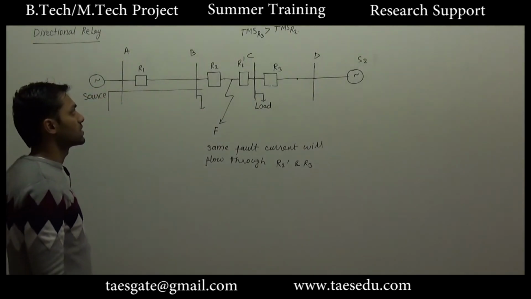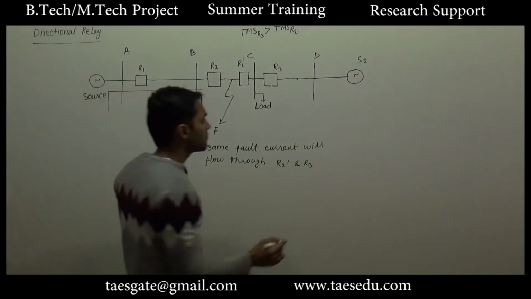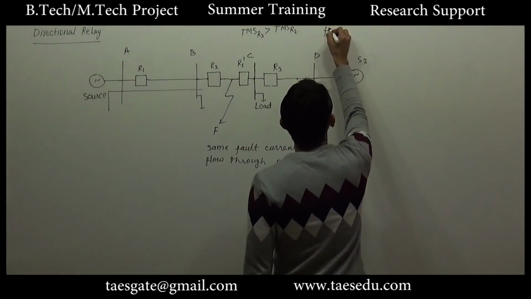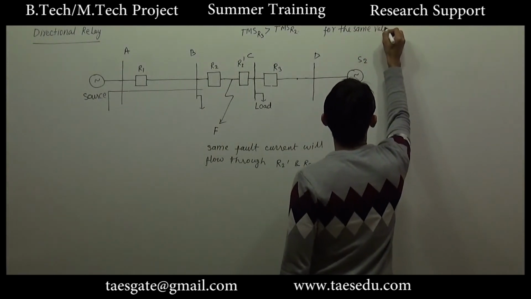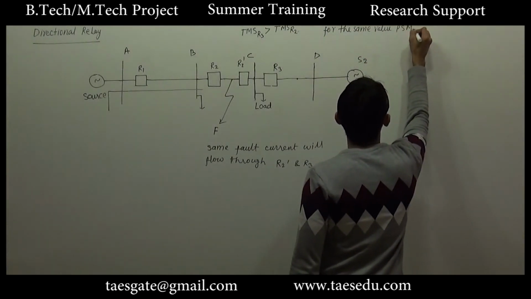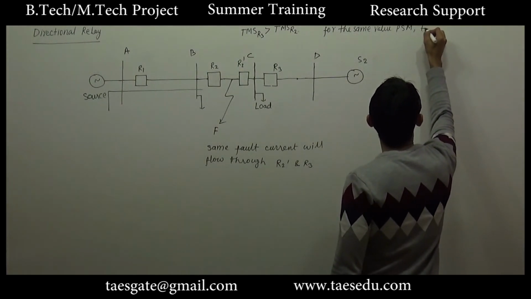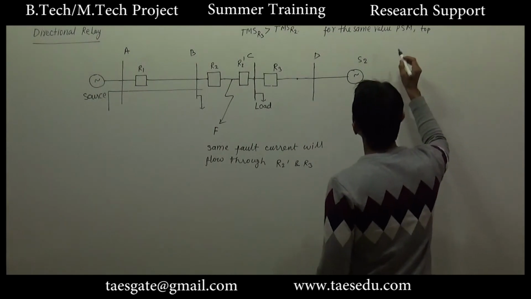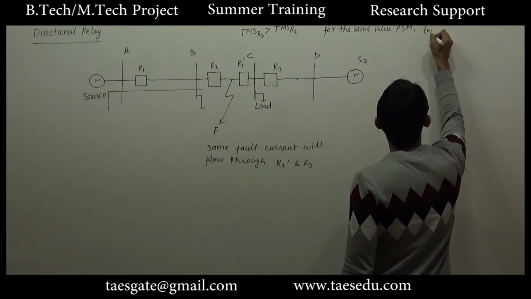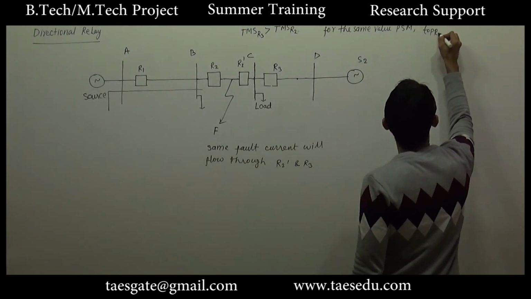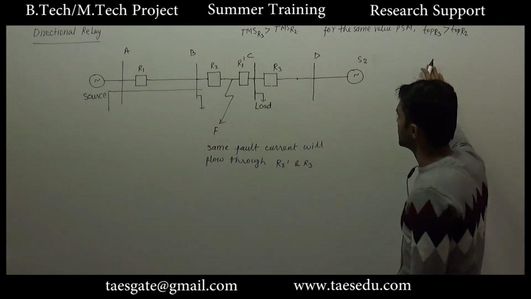If the TMS of R3 is greater than the TMS of R2, for the same fault current, or we'll say for the same value of PSM, the operating time of R3 will be greater than the operating time of R2. This we have studied in the previous lecture.